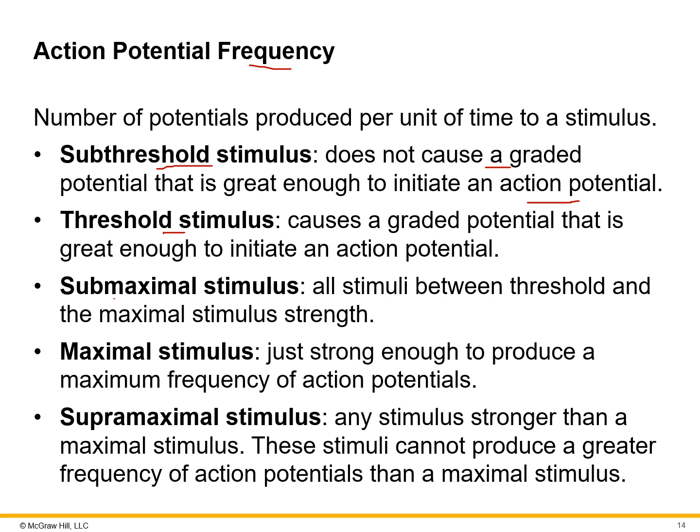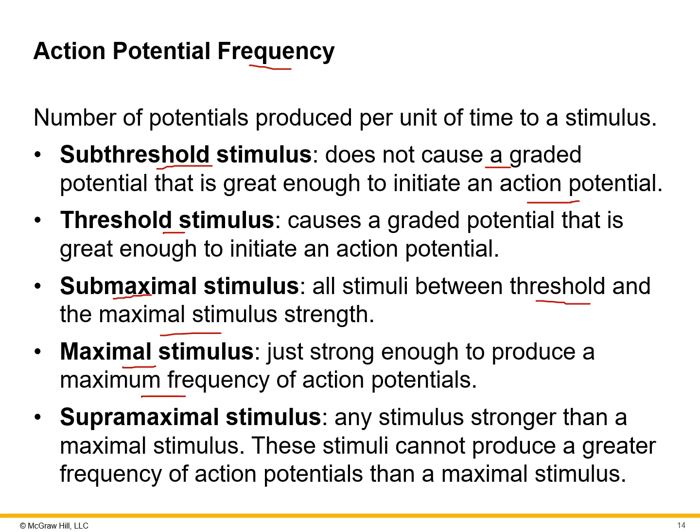Then on the other side, we have submaximal stimulus, and this is everything between threshold and the maximal stimulus. Maximal, as the name implies, is the maximum frequency of action potentials firing. This is based on that refractory period, how quickly it can reestablish to set off another action potential.